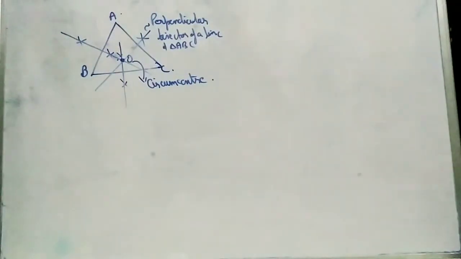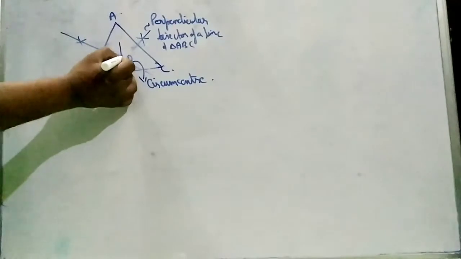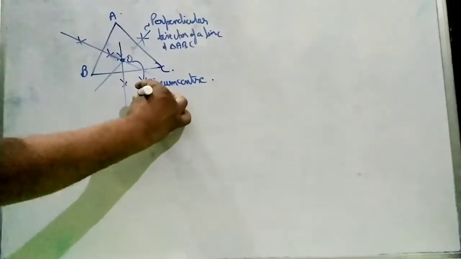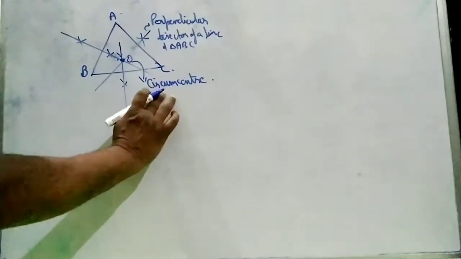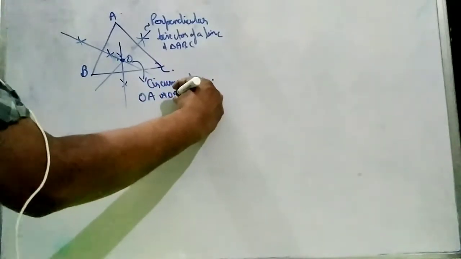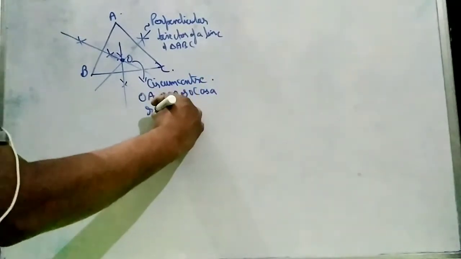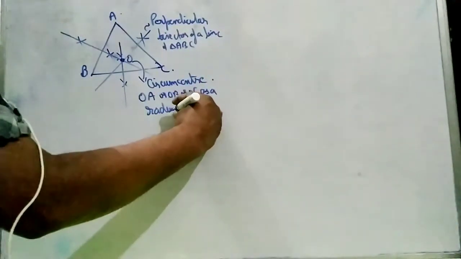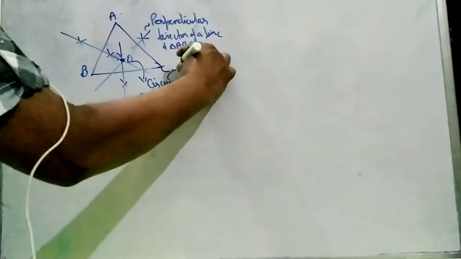If we take the circumcenter O as the center, and OA, or OB or OC as the radius, we can draw a circle which is called the circumcircle.